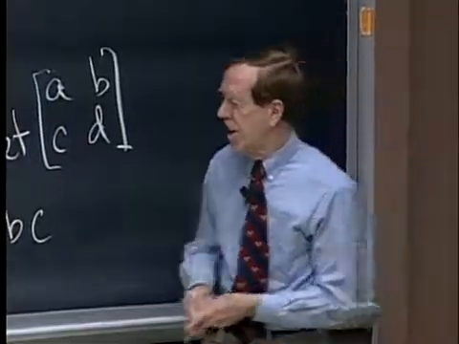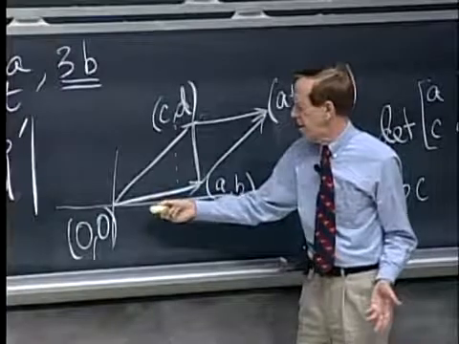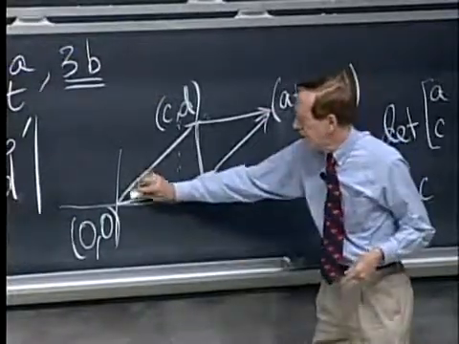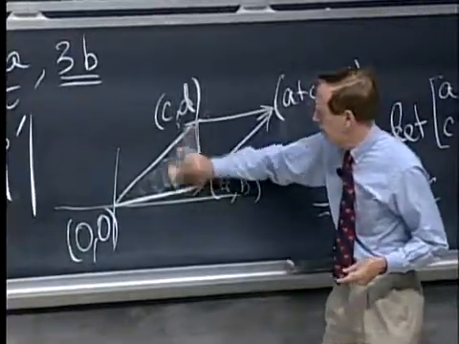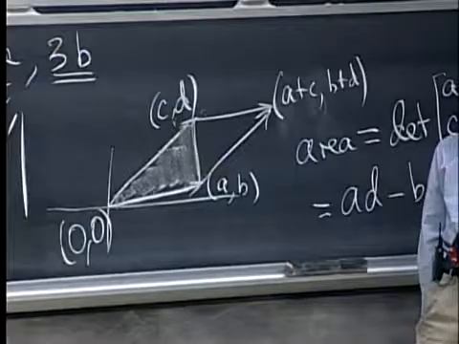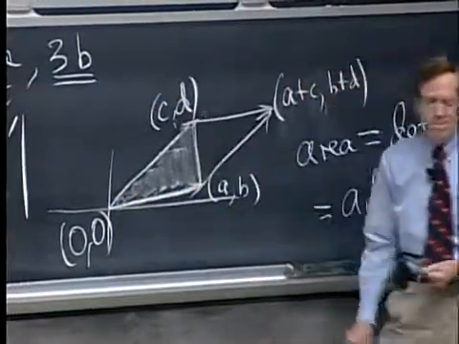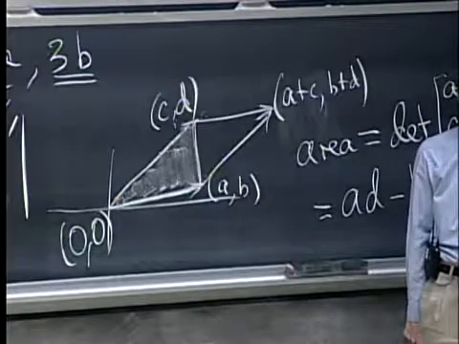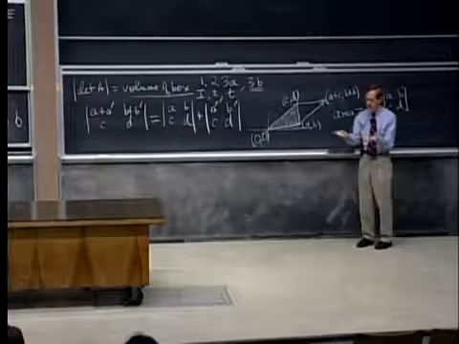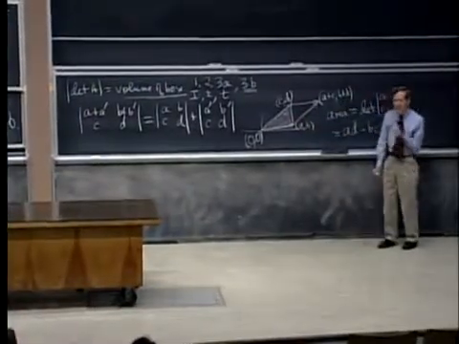And similarly, what's the area of this triangle? Suppose I chop that off, because you might often be interested in a triangle instead of a parallelogram. Now again, everybody would have said the area of a triangle is half the base times the height. And in some cases, if you know the base and the height, that's fine. But here, what we know is the coordinates of the corners.